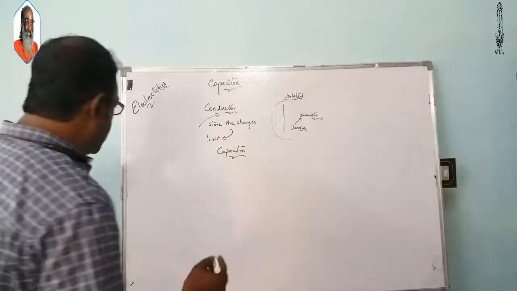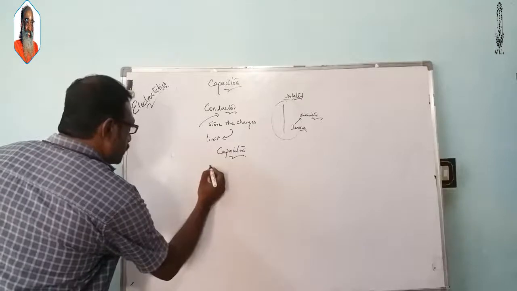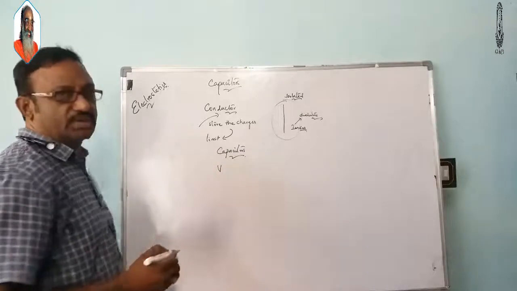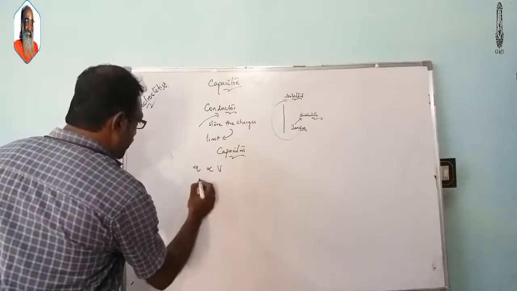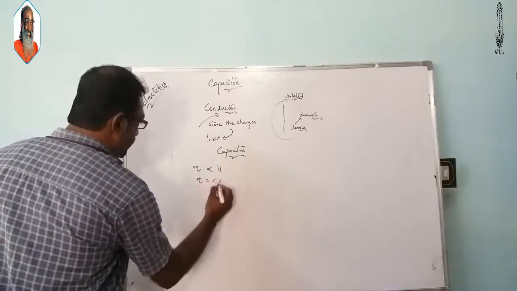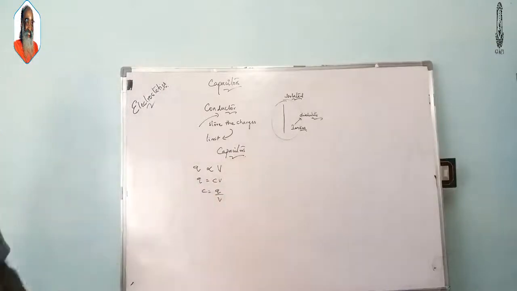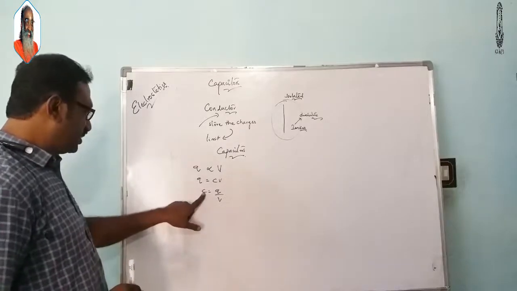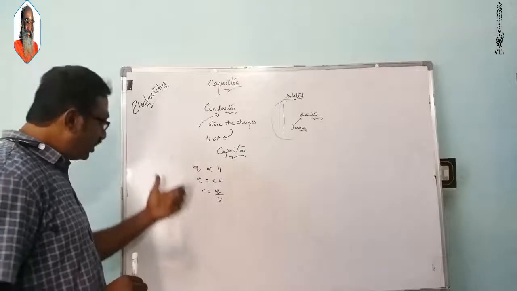And we come to know that for a conductor the potential can be raised, and it depends upon the charge given. So Q is proportional to V, and we come to know Q is equal to CV and C is equal to Q by V. This is called the capacitance of a capacitor, or of a conductor.